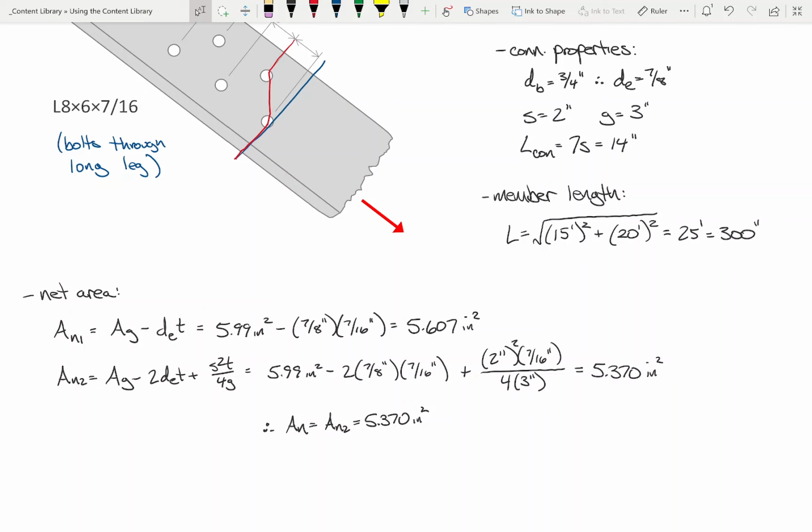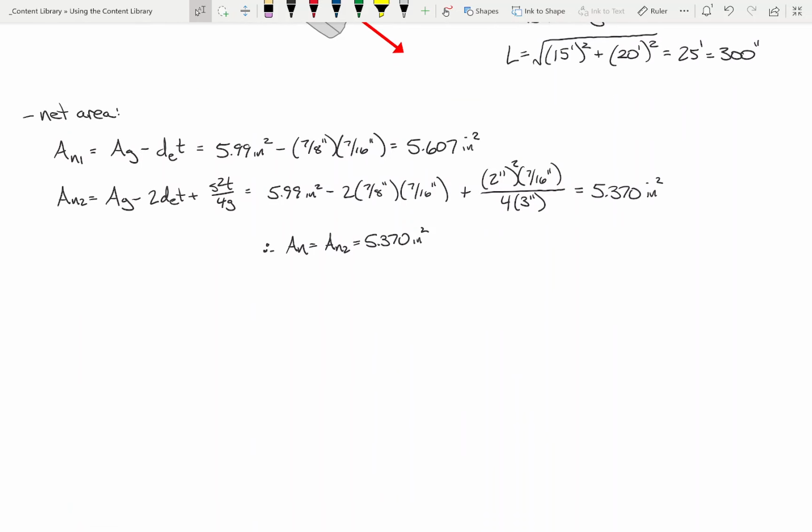Okay. What's next? Shear lag factors. Okay, so are we in a case 1 or a case 2 situation? 2.